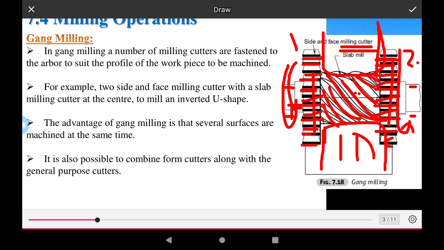This milling cutter is also used in the casting of metals, and for cutting large workpieces into small pieces.